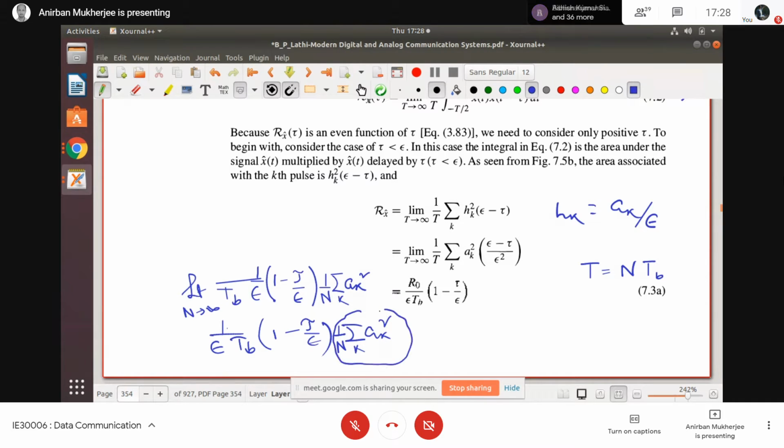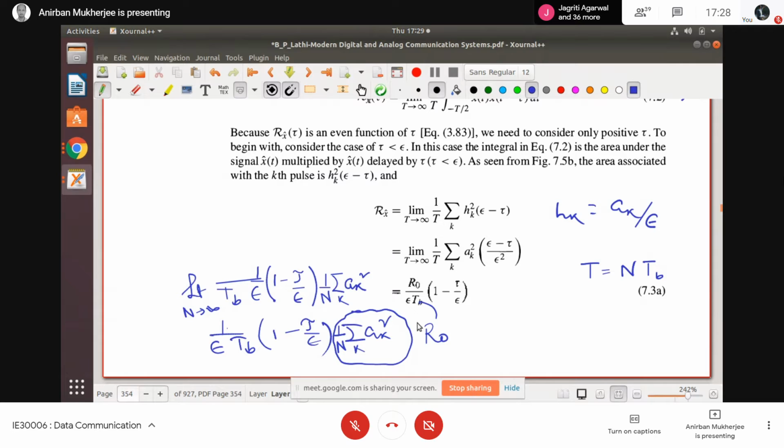This term I am defining as R0. So that means R0 by epsilon Tb, 1 minus tau by epsilon. So what is R0? R0 is in terms of line codes, actually symbols, and I am just writing that.